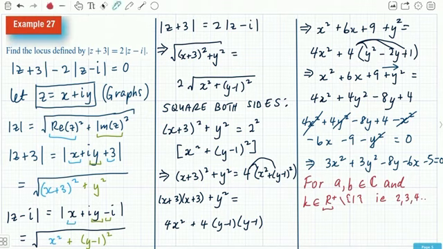So it can include everything as long as you're not including 1.